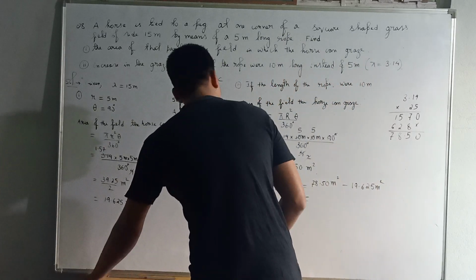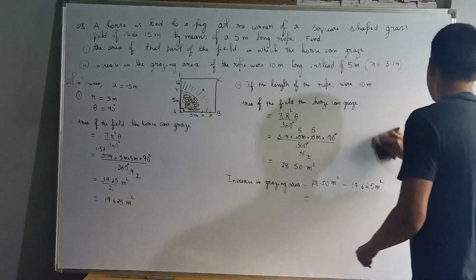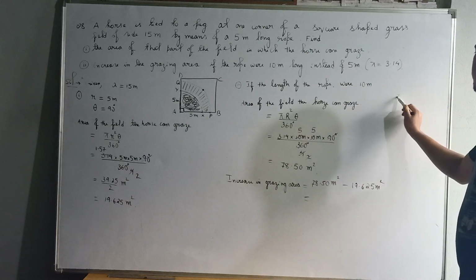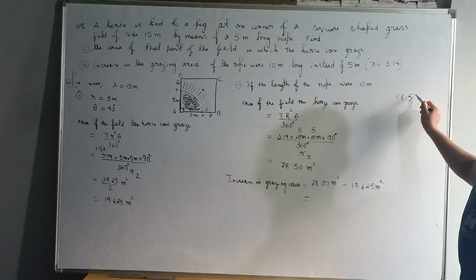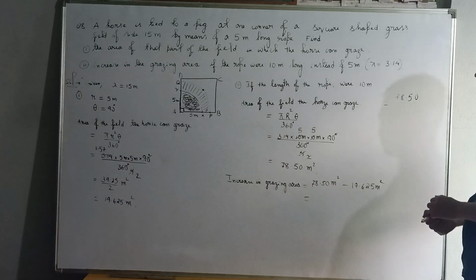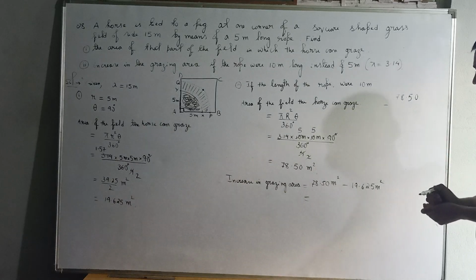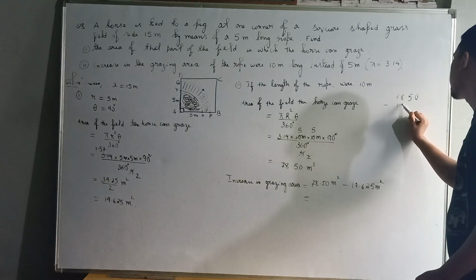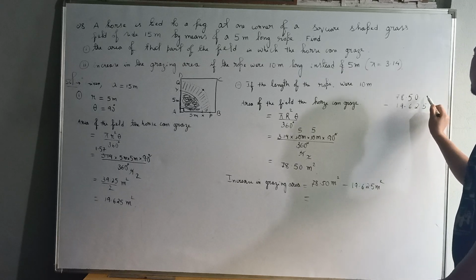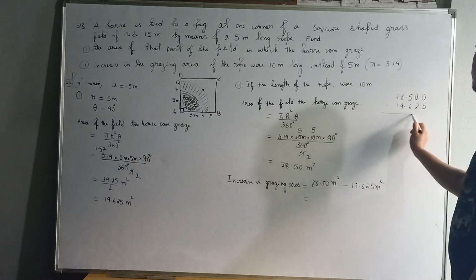So let us see how to subtract them. In subtraction or addition of two decimals, the decimal points should coincide. So I'm going to write here 19.625. Here we can write one more 0.